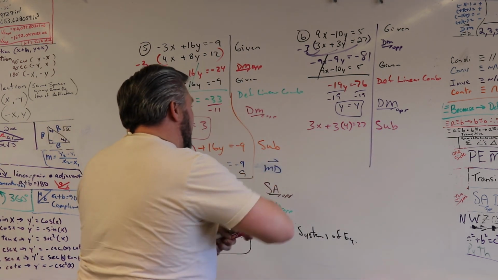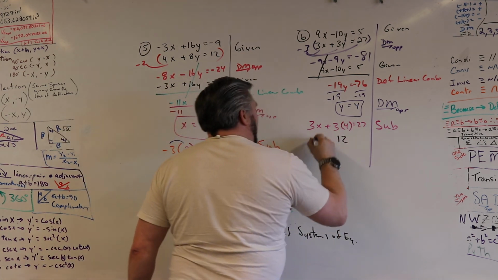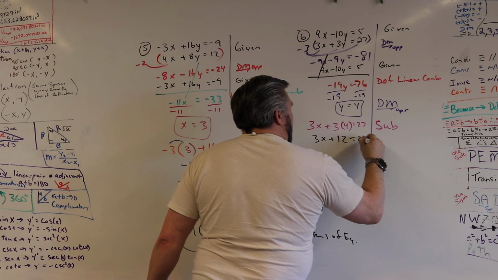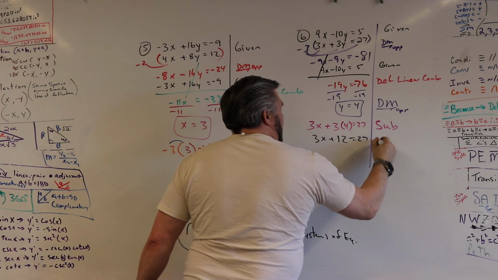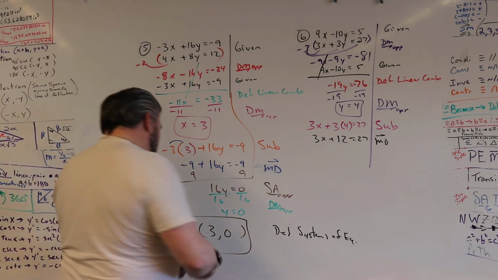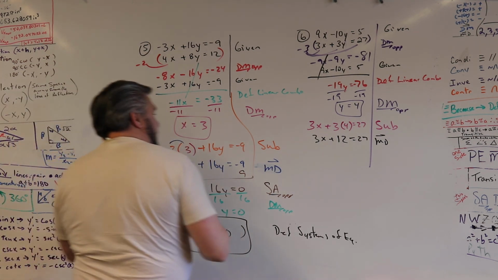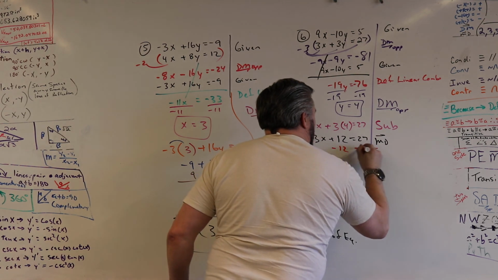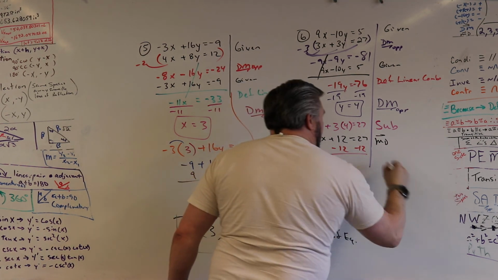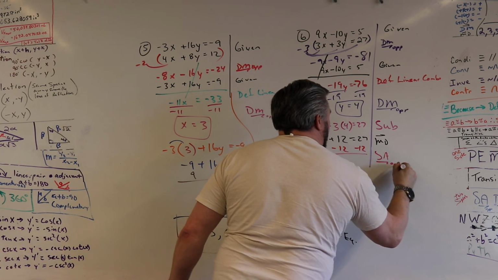Okay? Then what's 3 times 4? 12, right? Yeah. And that's PEMDAS, right? But MD in this case. Okay? And then we're going to subtract 12. Subtract 12, right? And so that is SA, opposite.